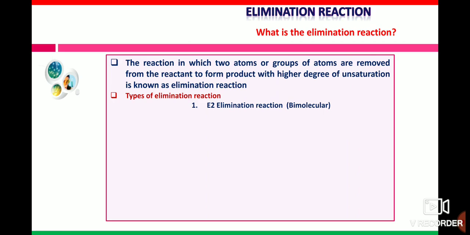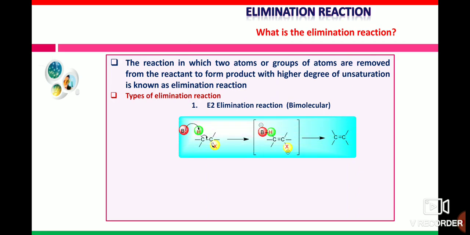The bond between alpha carbon and leaving group and the bond between beta carbon and hydrogen generally break, and a new pi bond forms between alpha and beta carbon. Depending on the timing and sequence of bond formation and bond breaking, elimination reaction has three types of mechanism.